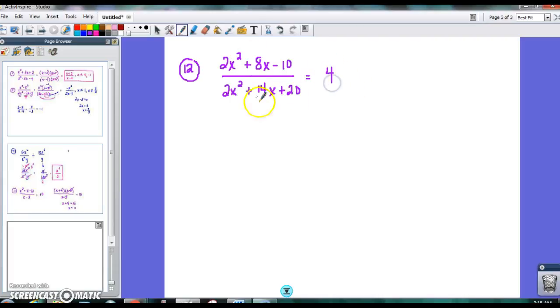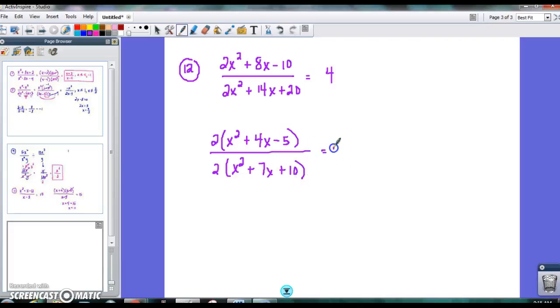So you're going to want to factor your numerator and factor your denominator. I want to take out my GCF first. So I have a GCF of 2. That leaves me with x squared plus 4x minus 5. In the denominator, I also have a GCF of 2. And that leaves me with x squared plus 7x plus 10 equals 4.